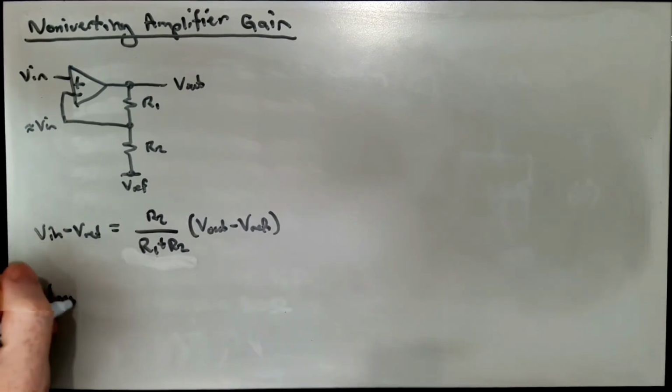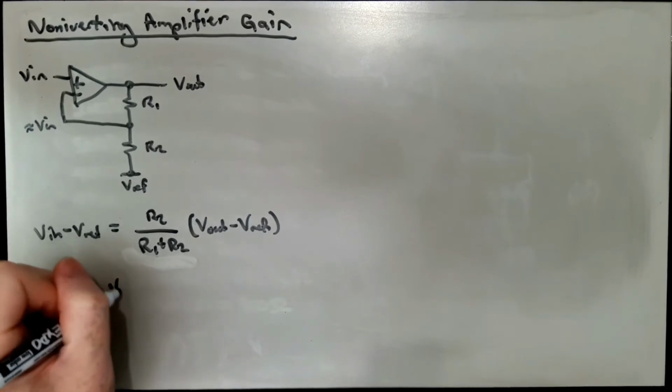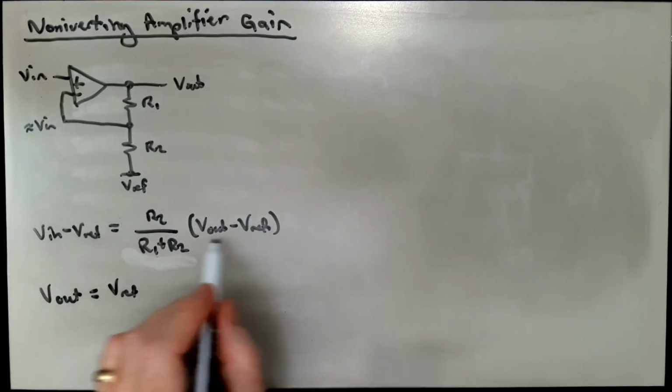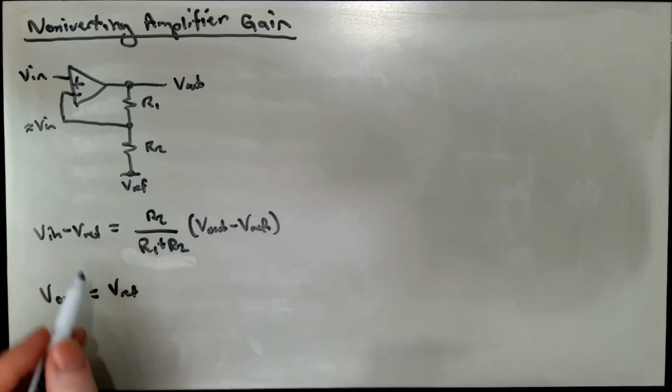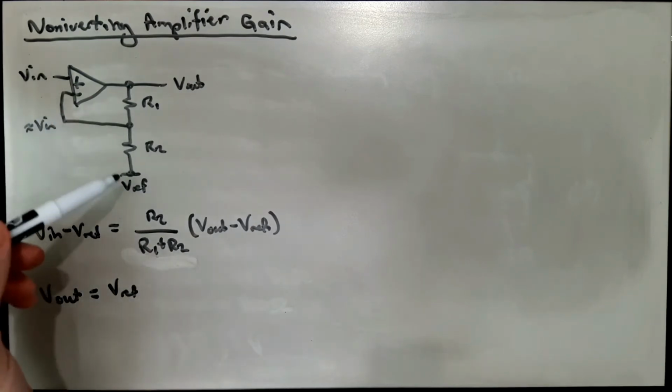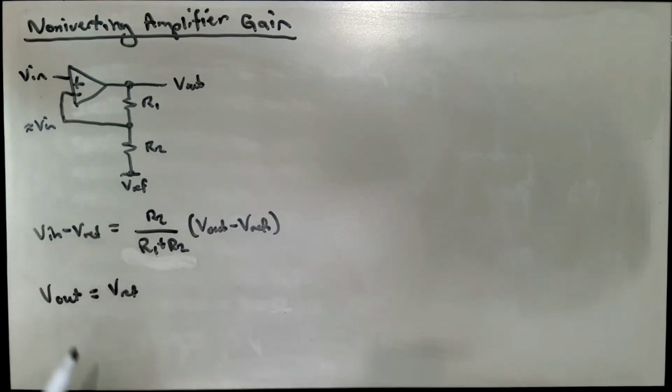We find that V out is equal to V ref. V ref is sort of the zero level, so when there's no difference between V in and V ref, V out will be at V ref. It's really the difference between V in and V ref that gets amplified by the gain.